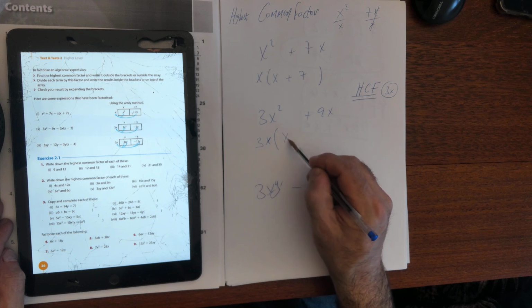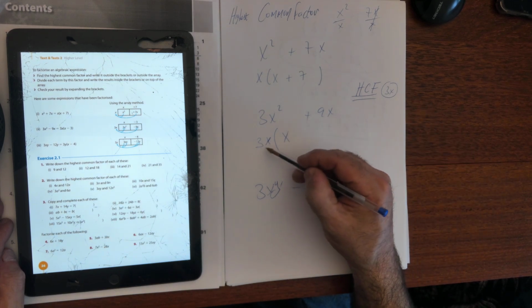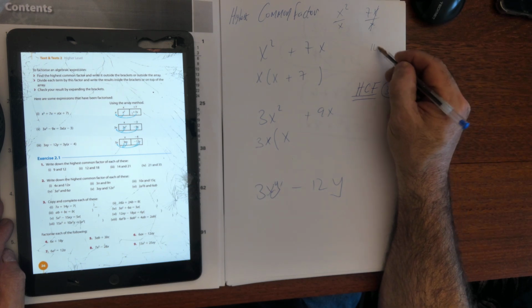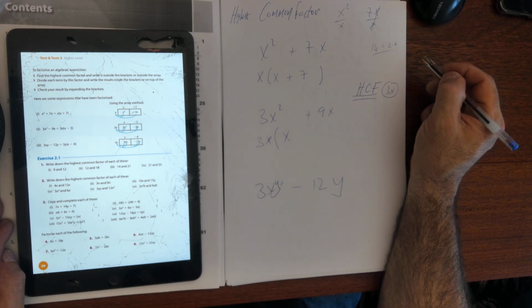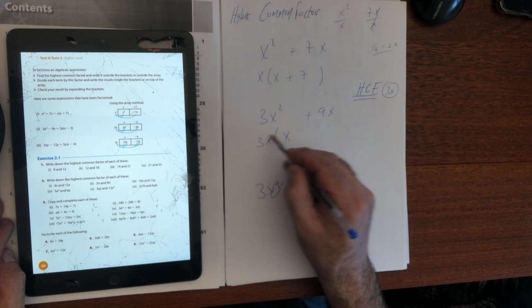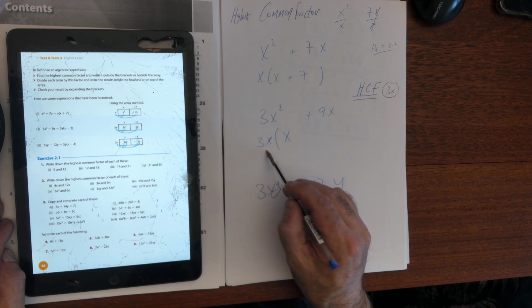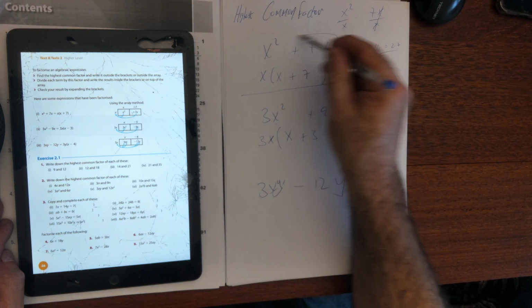That's what factoring is about. Factoring is like dividing. If I said to you, tell me about the number 14, you might say, well, that's 2 sevens. That's factoring. And that's what you're doing here with letters. You're taking out the 3x and that leaves x, and you're taking out the 3x from this, and that leaves 3.